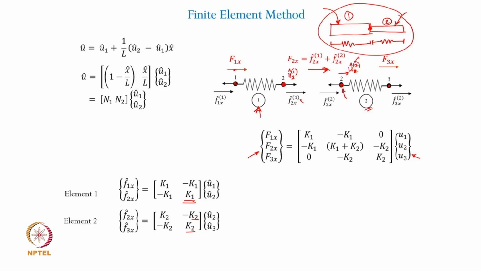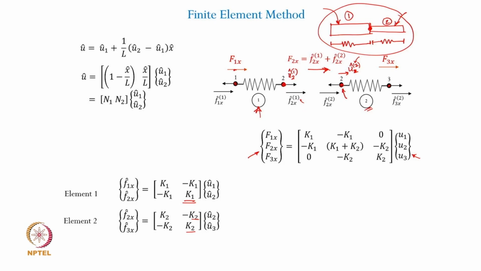That is why I have written here as U2 cap. Now because these nodes are connected to each other, they will have the same nodal displacement. So U2 1 cap will be same as U2 2 cap, right.